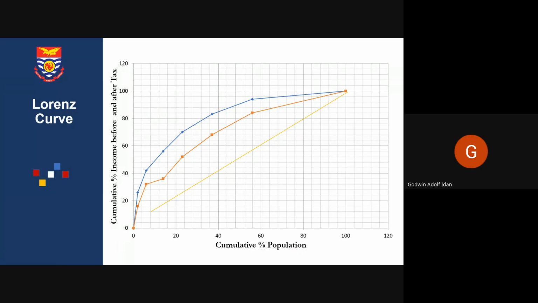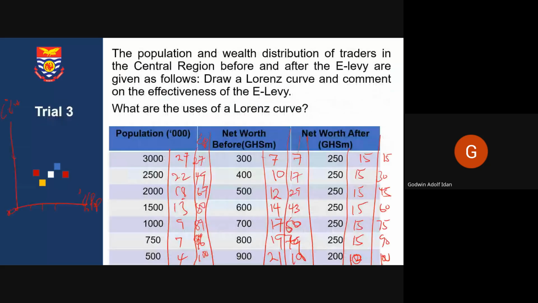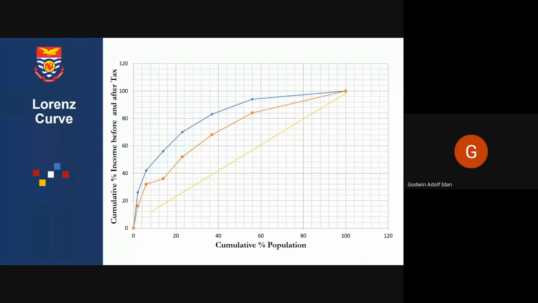We're going to plot 27 as against, so we're going to plot the coordinates before and then the after. If you look at this graph very well, you realize that it is true. The blue one is the before and the yellow one here is the after.